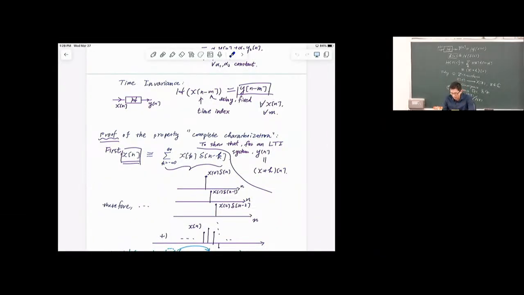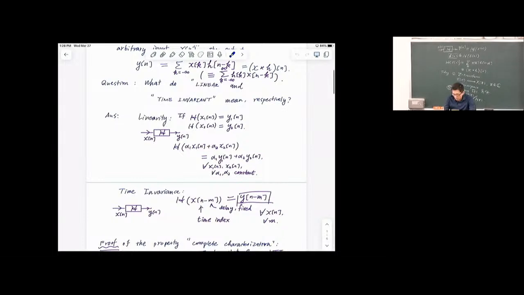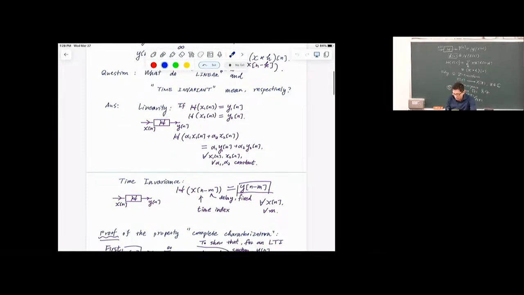Okay, so to begin, let's see what we had last time. Last time we talked about linearity as well as time invariance as two properties. Linearity means that when we linearly combine the input, the output also linearly combines.